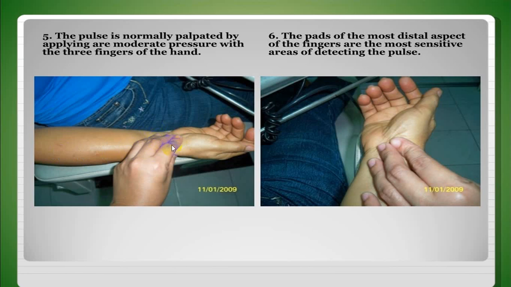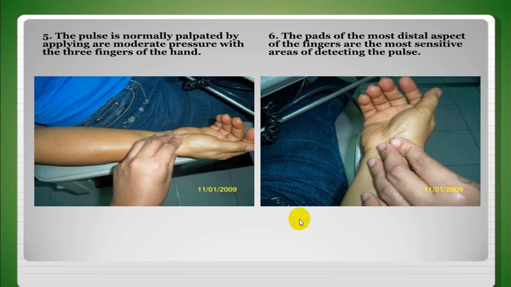With this you obliterate the backflow, with this you regulate the blood flow, and with this you palpate. And when you put it this way, you can see again, this is the index finger which is distal, this is the ring finger which is proximal. So always use the three finger method.